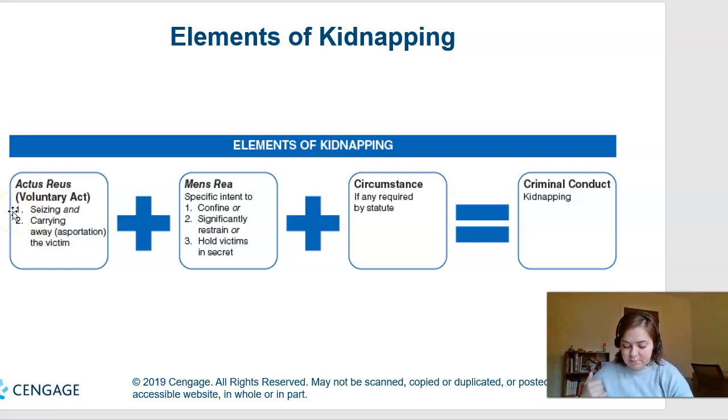The example in your book has somebody moving the victim just down the driveway in a car, so a few feet, and that's sufficient. As long as you seize and carry away the victim, you have completed the actus reus for kidnapping. This is a specific intent crime where you want to confine or significantly restrain or hold the victim in secret. So any one of those intents would satisfy the elements of kidnapping.